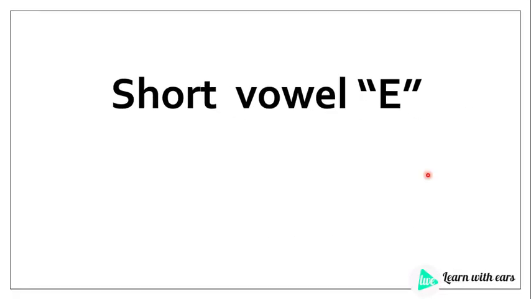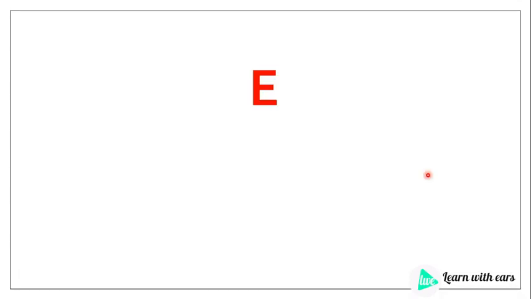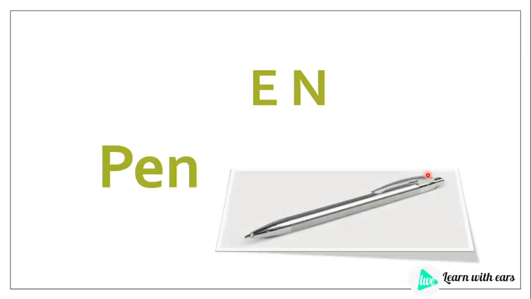Now next is short vowel E. The sound of short vowel E is eh. Eh, n, en. P, e, n, pen.